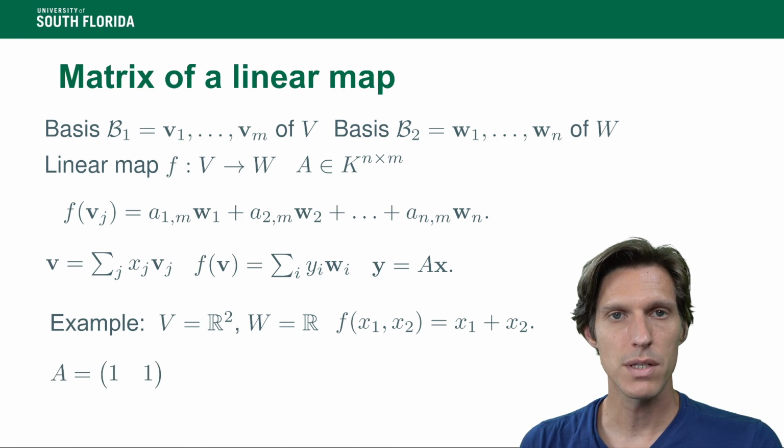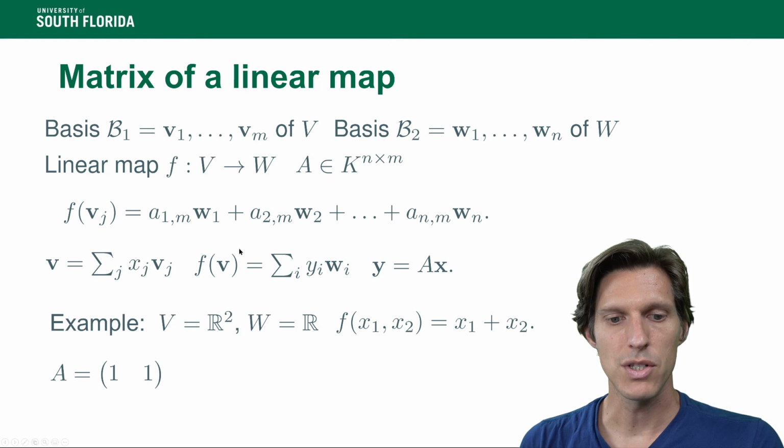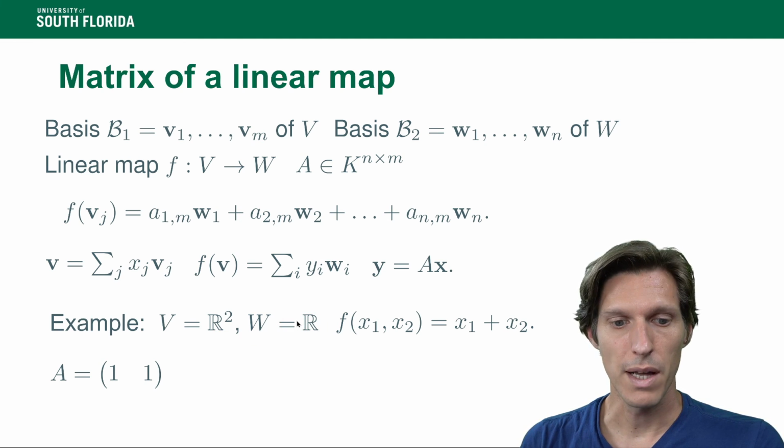Then the matrix that expresses the images of the basis elements of R2 with respect to the basis element of R, which is just one element, is the 1 by 2 matrix.